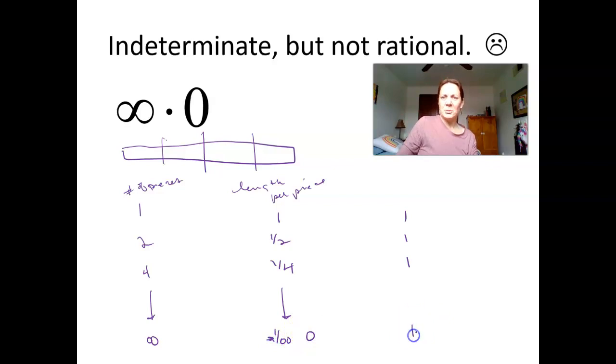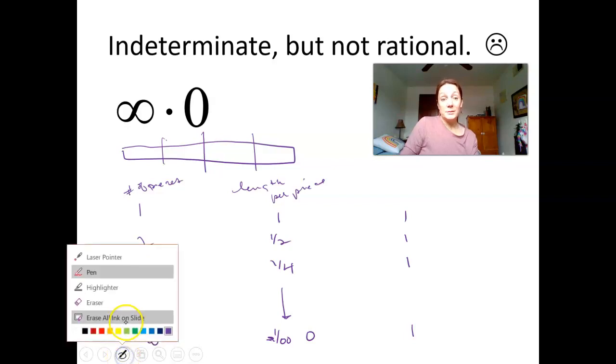But my total length is still going to be 1. So somehow, in this case, infinity times 0 is 1. And I could prove to you that it's 7 too if I started with a piece of paper that's 7 units long. Or 22 if I started with a piece of paper that's 22 units long. So that's just kind of a real quick example of why this is indeterminate.